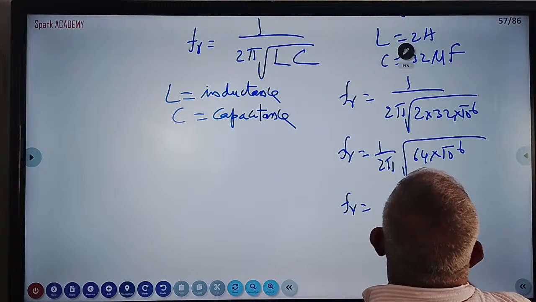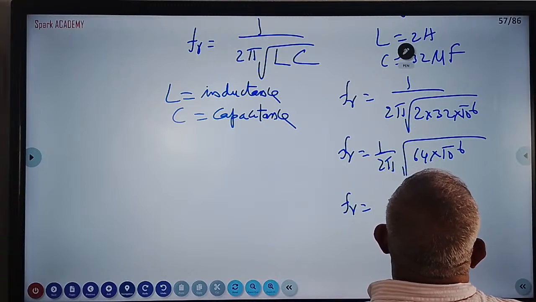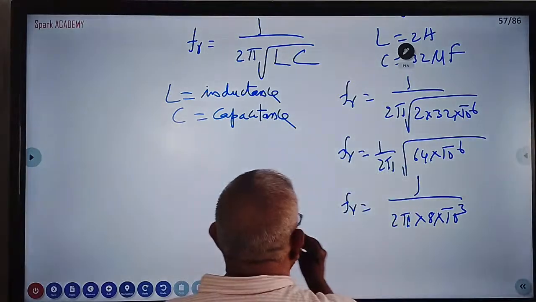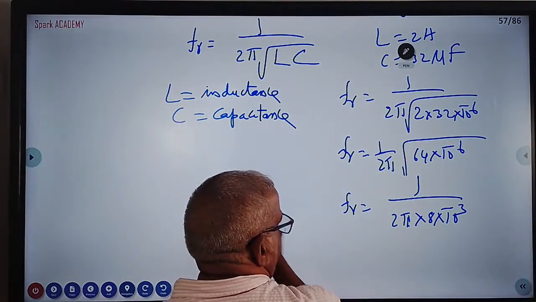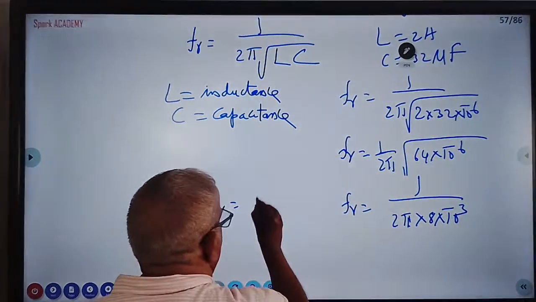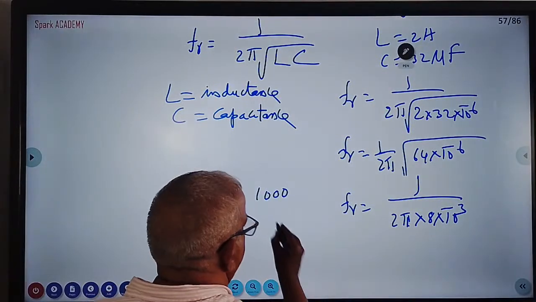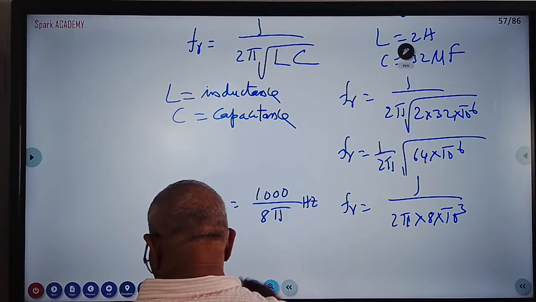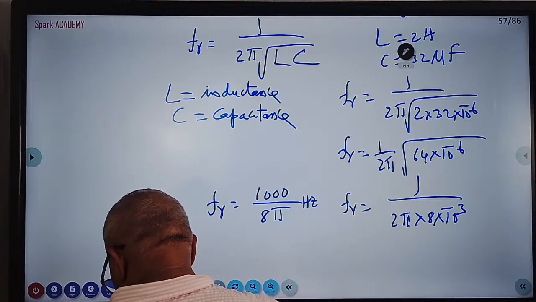It is 8. 10 to the power of minus 3 goes up, so the resonant frequency becomes 1000 by 8 pi hertz.